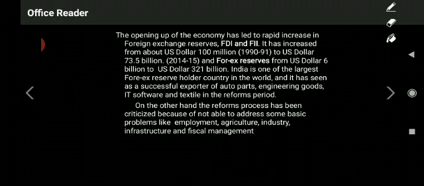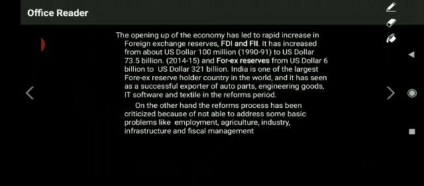On the other hand, the reforms process has been criticized for not being able to address some basic problems. Which were the basic problems? Employment, agriculture, industry, infrastructure, and fiscal management. On one side, India has developed like anything because of the introduction of economic reforms.